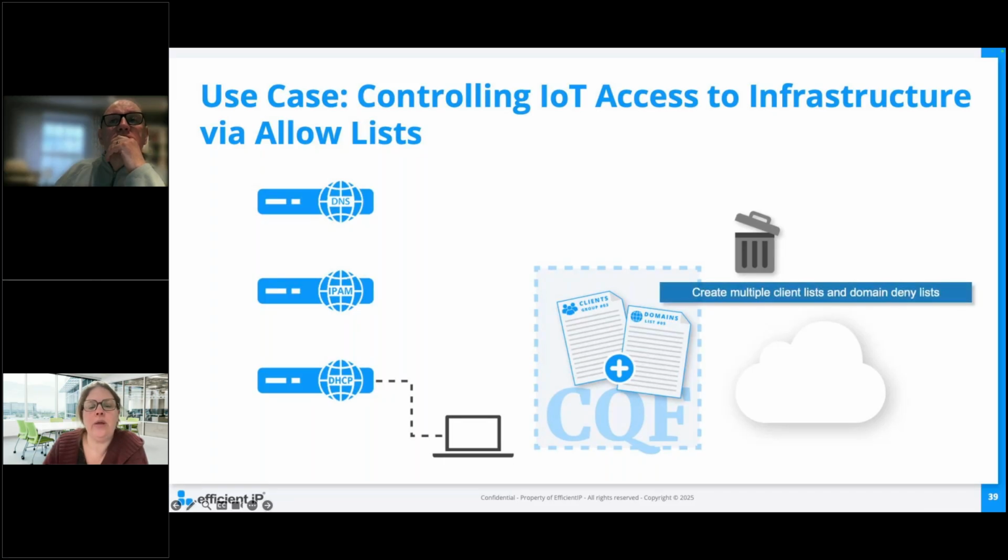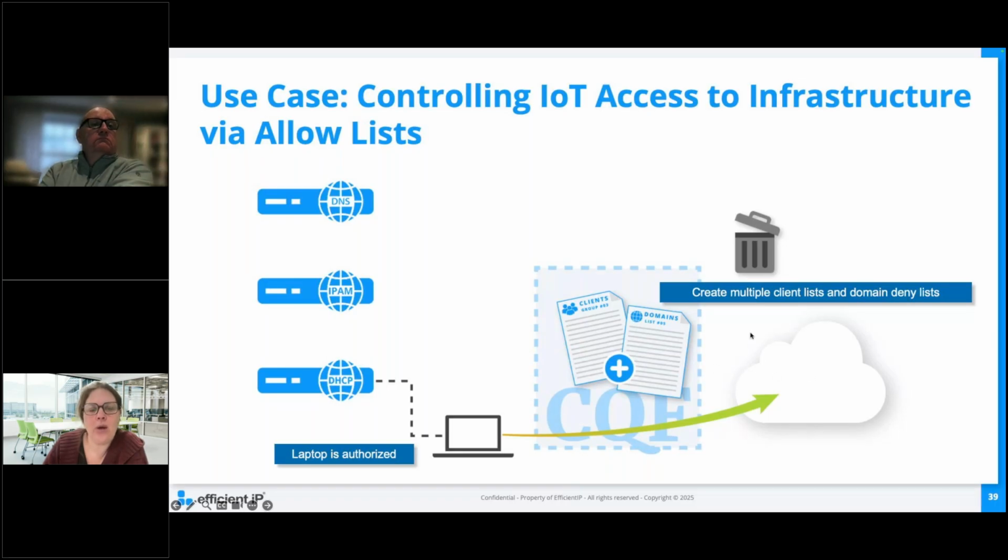And the first step is we will have multiple lists, a client list and a domain list, which are defining which clients are allowed to access which domains. With a simple example of the laptop. So in this example here, the laptop is authorized to access all the apps that are allowed. It's just for the sake of this example to explain what happens with an IoT device.